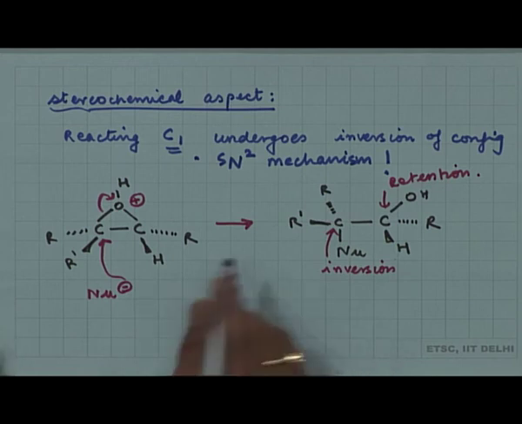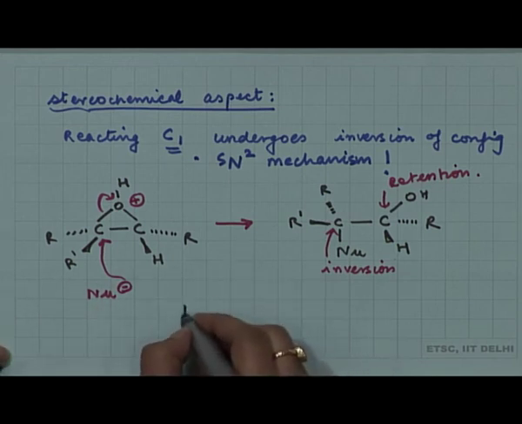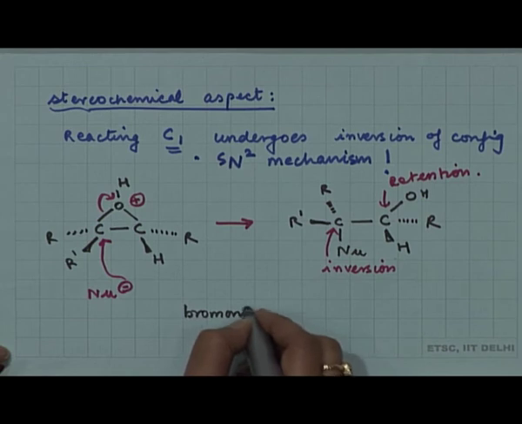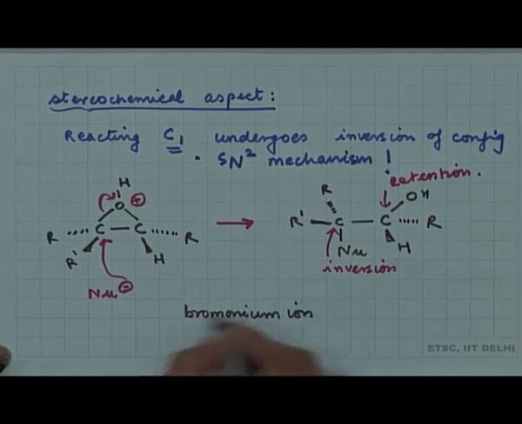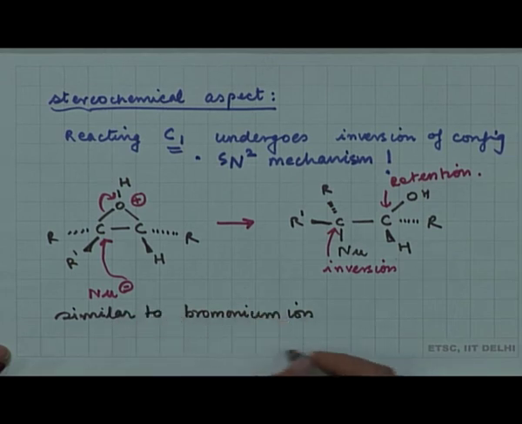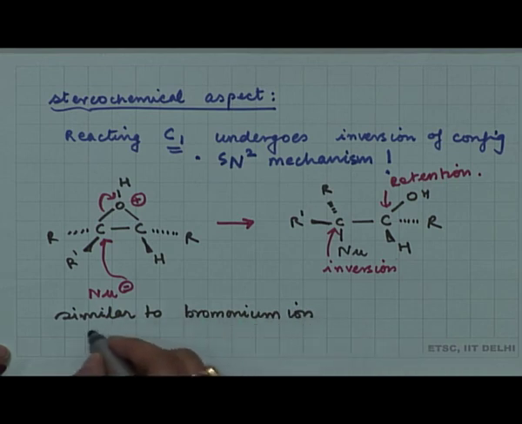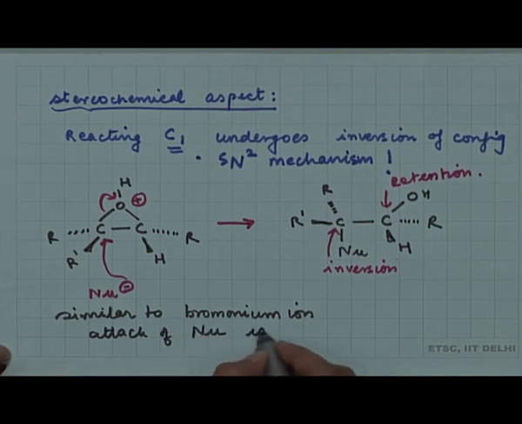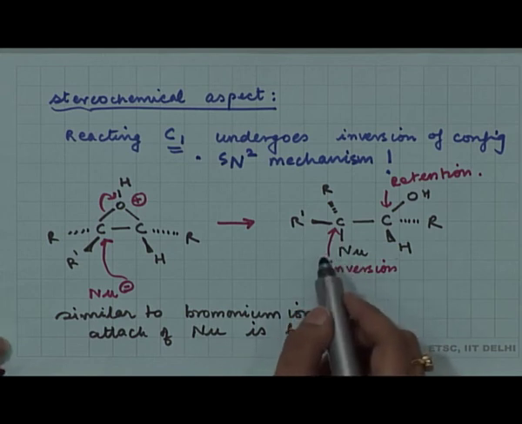This is similar to the cyclic bromonium ion intermediate, if you recollect, in which also there is a backside attack of the nucleophile. So, this is a cyclic intermediate, and the attack of the nucleophile is from the rear, because of which there is an inversion of configuration at this C1.